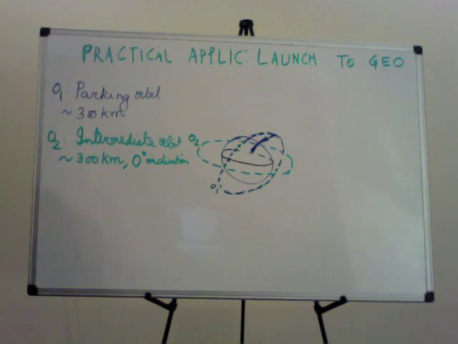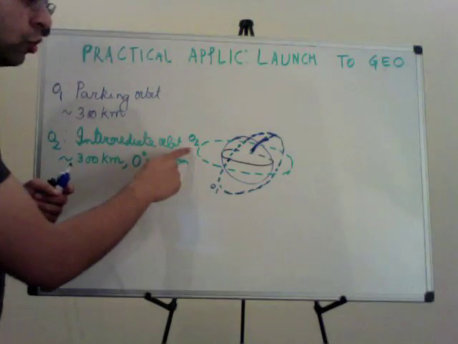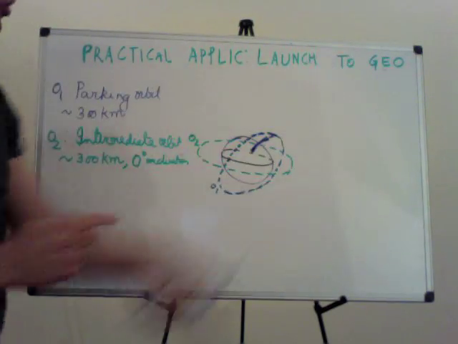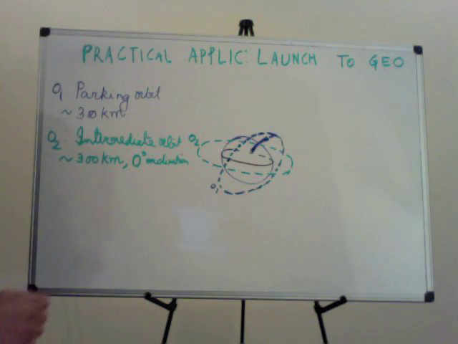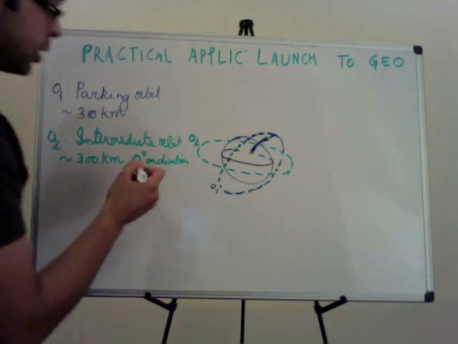The second step is to go from O1 to O2 via a plane change maneuver. Then the final step is to perform a Hohmann transfer. A Hohmann transfer, if you remember, takes place between two coplanar circular orbits. O2 is coplanar with GEO because O2 is equatorial, it has zero inclination, and so is GEO, and they are both circular. I'm going to draw in black now.